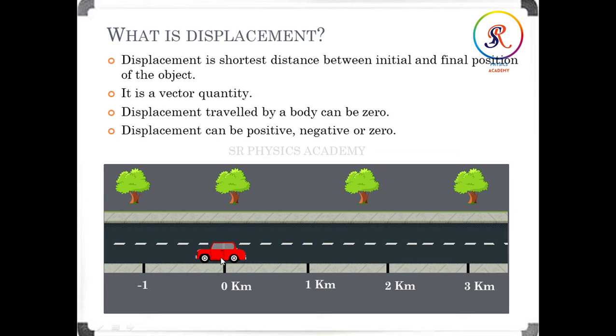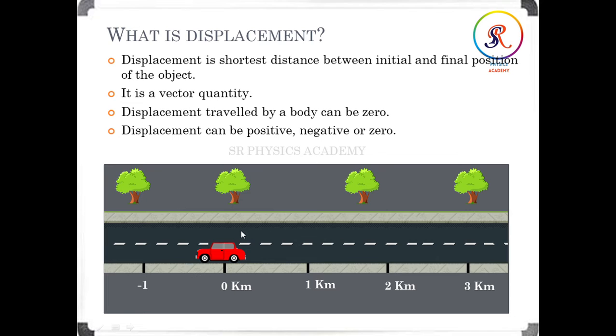Clear now? What is displacement? It is the shortest distance between the initial and final position of the object. So in this case, what is the initial point? Starting here only. So this is the initial point. Again it is moving 1 kilometer, 2 kilometer, 3 kilometer. When it is increasing, the displacement is increasing.